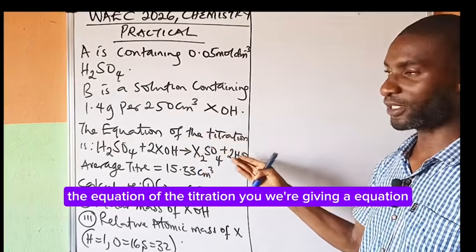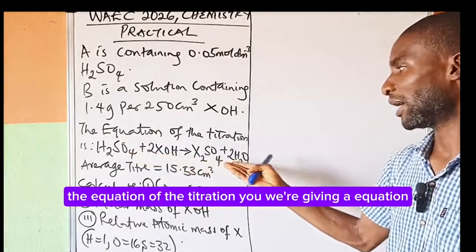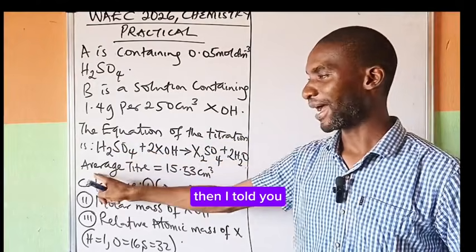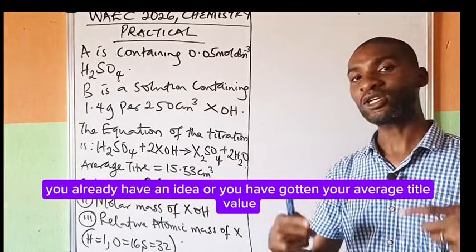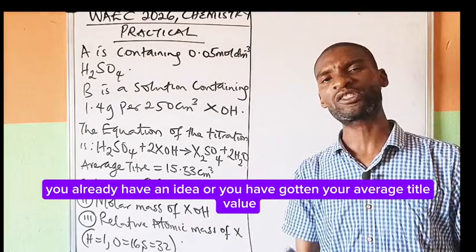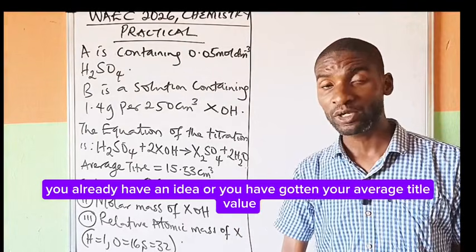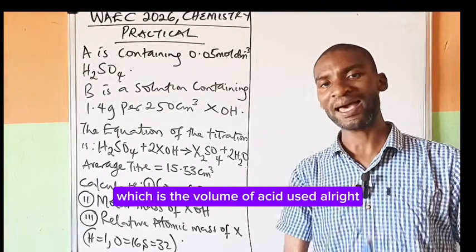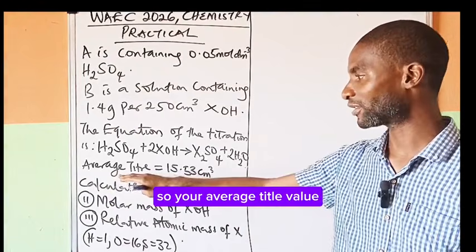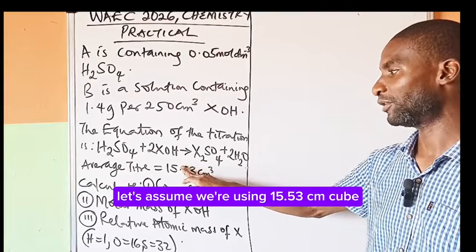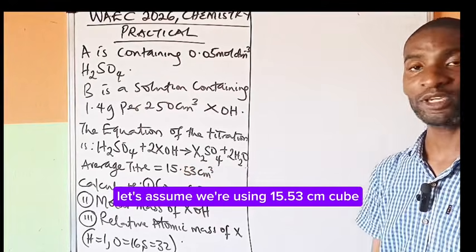The equation of the titration, you were given an equation. Then I told you you already have gotten your average titre value, which is the volume of acid used. So your average titre value, let's assume we're using 15.53 cm cube.